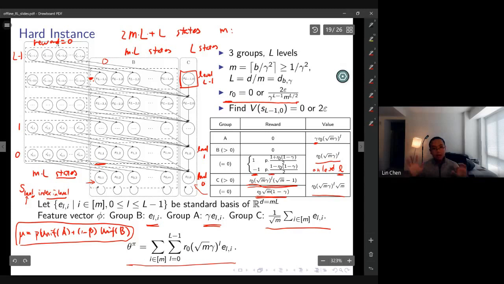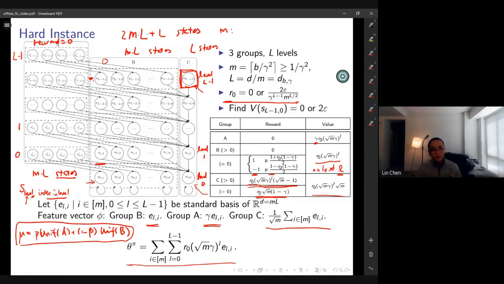And the high level idea is this: if we want to find the value of this state, it has only two possibilities depending on the value of R0. If R0 is 0, then the value of this state is just 0.